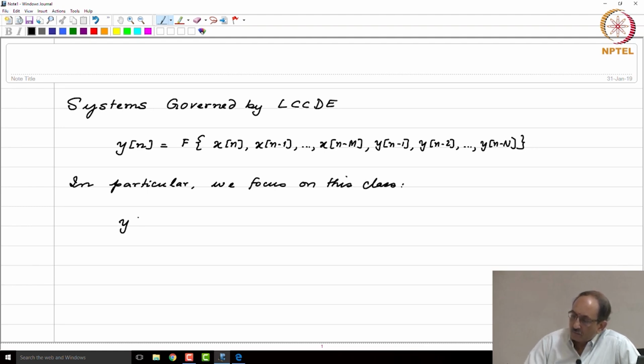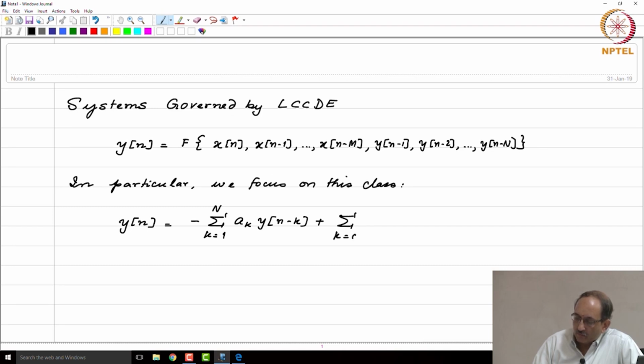That is, we want y of n to be of this form: the sum over k going from 1 to cap N of a k y of n minus k, plus the sum over k going from 0 to M of b k x of n minus k. So, this is the specific form of f that we are interested in.